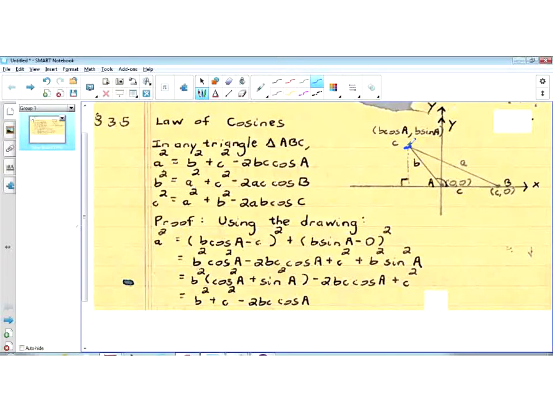We know that the cosine of A is equal to the height of the triangle divided by the length of the hypotenuse, which in this case is B. So H is equal to B times the cosine of A. And then we have the length of this segment, we'll call that K.